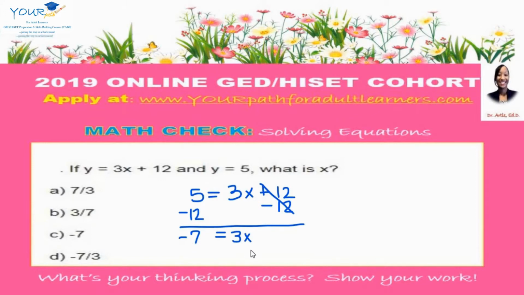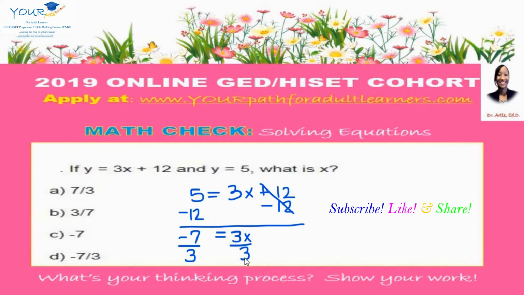So in this case, we're now going to get rid of our 3 so that we can isolate our x. We're going to do that by dividing because the opposite of multiplication is division. What we do on one side, we're going to also do on the other side.